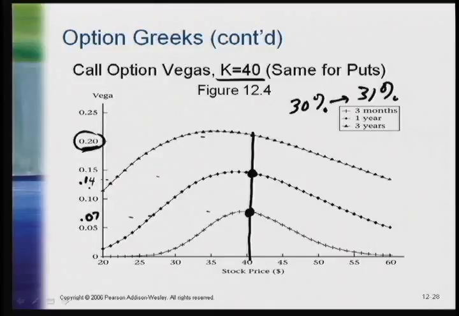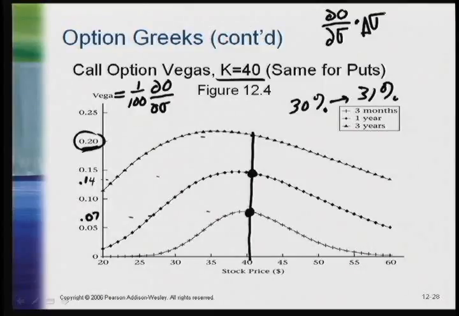So this is the vega per 1%, which is why this is equal to 1 over 100 times the derivative. Because in general, what one would do is multiply the derivative of the option times the change in sigma. Well, sigma is a decimal. Going from 30 to 31 would be going from 0.3 to 0.31.